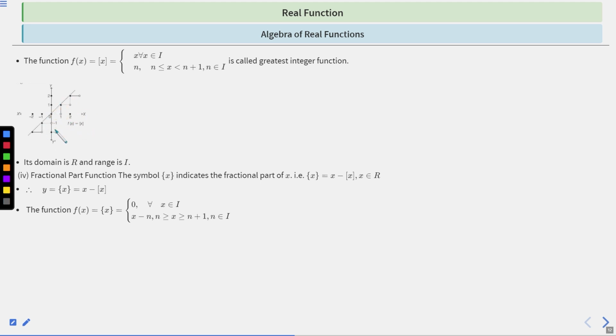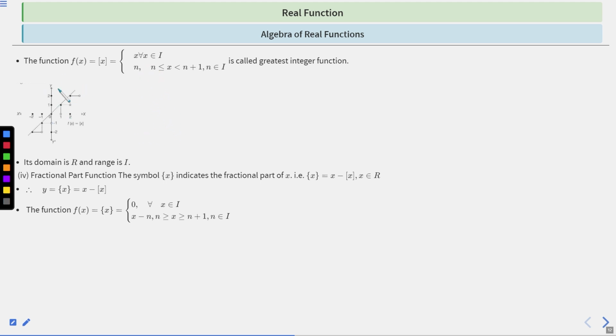Right. The function f(x) equal to the greatest integer function of x is basically x for all x belonging to integers. When x is an integer, the greatest integer function of x is basically x. And when x is between some n and n plus 1, where n is an integer, right? If x is between some integers, then the greatest integer function of x is basically the lower integer, which is n, right? It is called the greatest integer function.